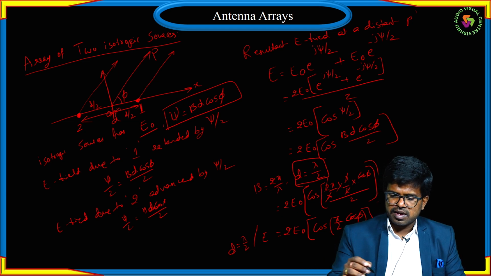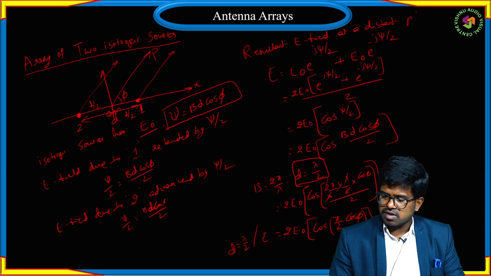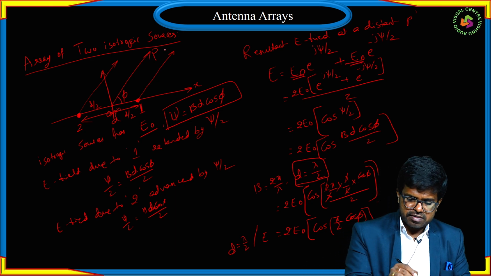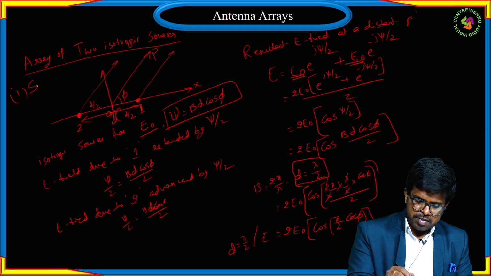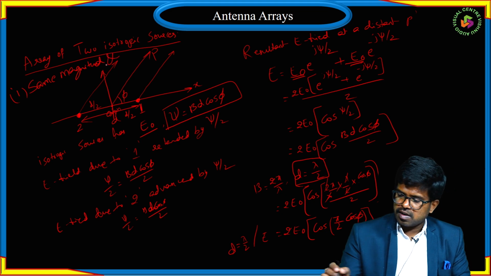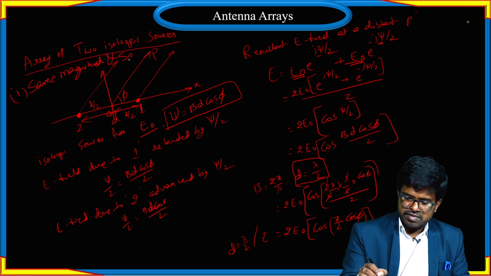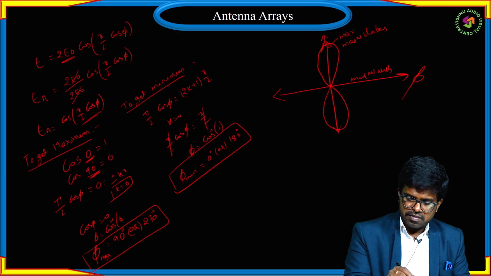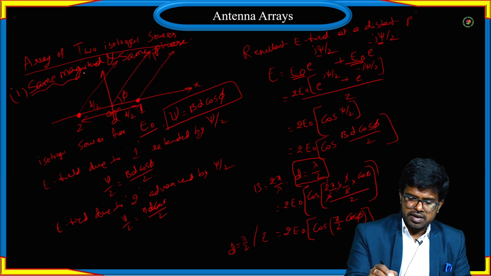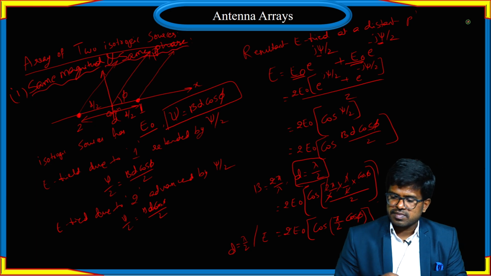The case we have taken is two isotropic sources having the same magnitude and the same phase. This is the case of same magnitude and same phase.